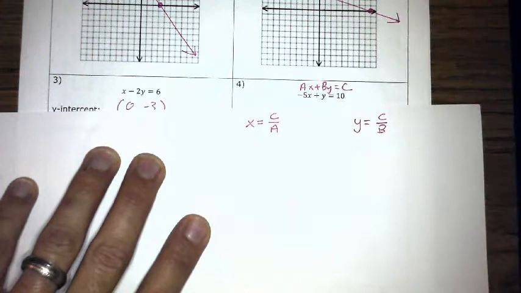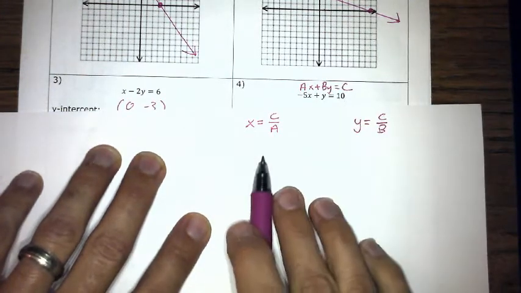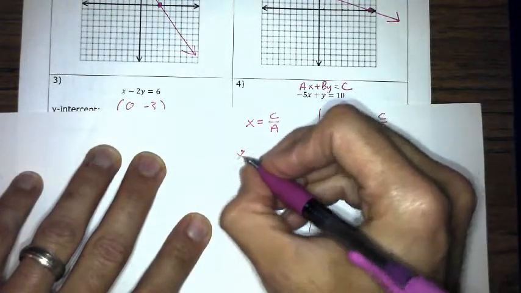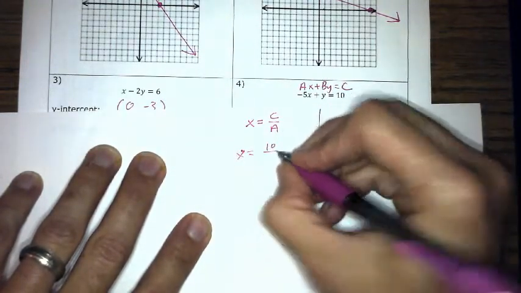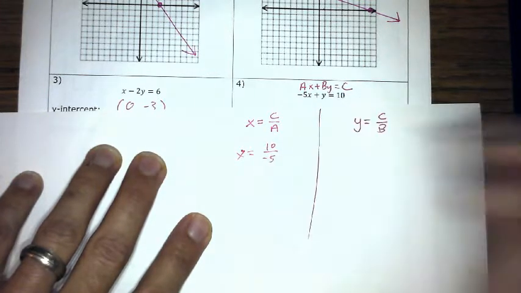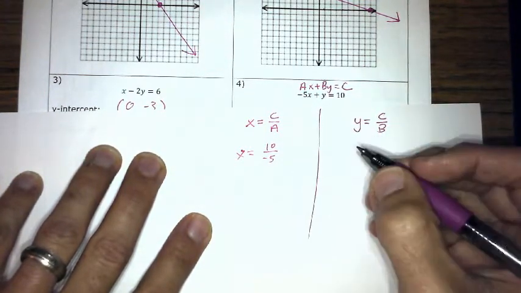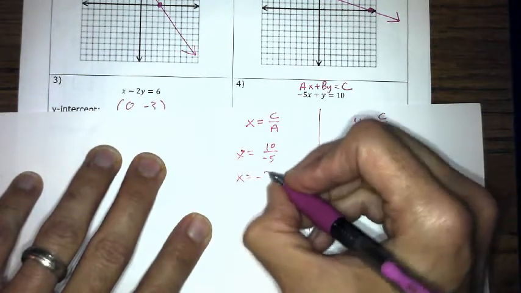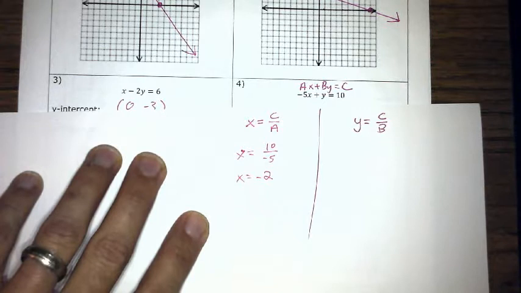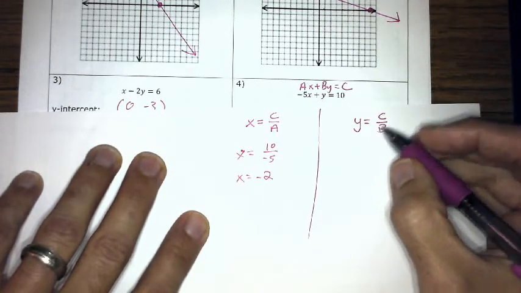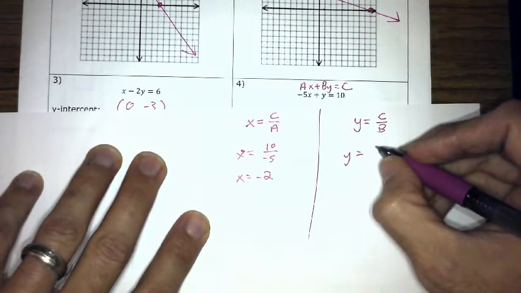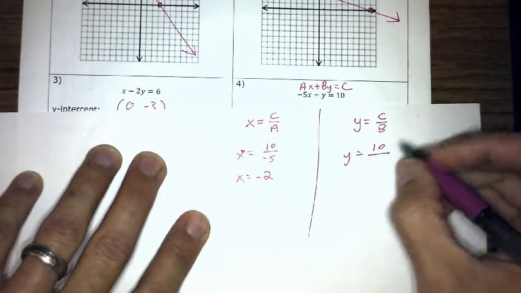Okay, so let's find the x-intercept first, right? So x equals c over a, which is 10 over negative 5. Okay? All right, so 10 divided by negative 5 would be negative 2. How much quicker I found it? Let's look over here. Okay, so y would equal c, which is 10, over b.